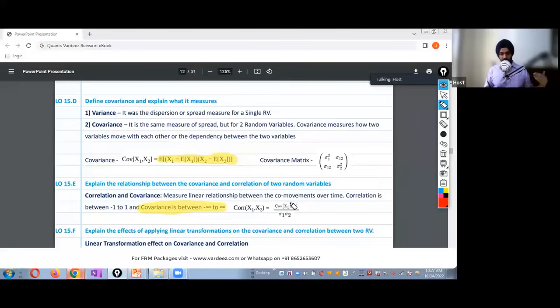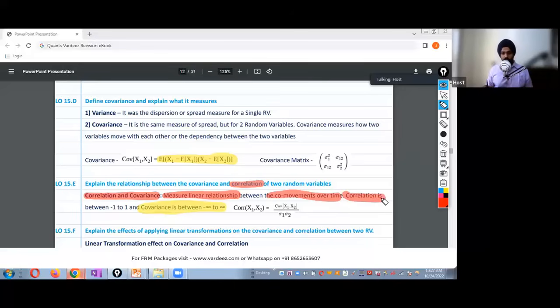So another measure that we use very often is known as the correlation. They both measure linear relationship. If one goes up, the other also goes up; one goes down, the other goes down, whatever that is, the co-movements over time.